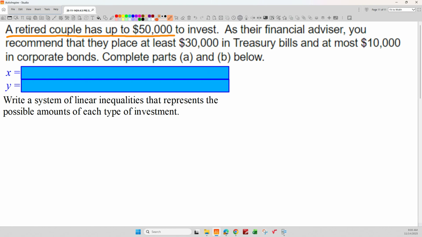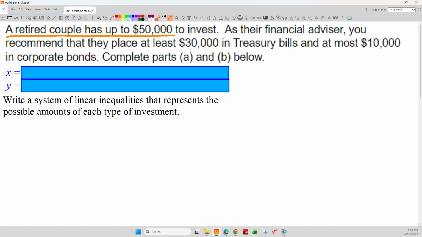So what would our unknowns be here then? Say it again. How much they put into each different type of investment, right? Those are the things that we can vary, and those are the things that essentially they're asking about. What are some investment amounts that would meet these criteria?